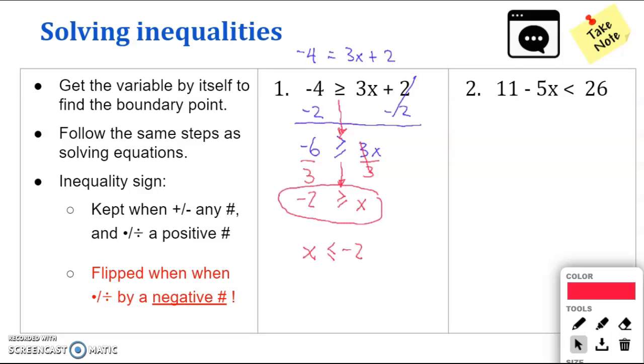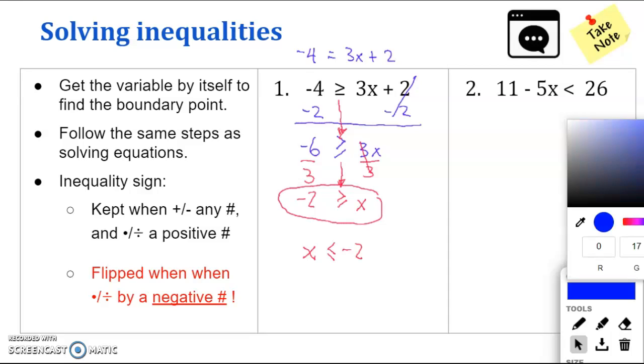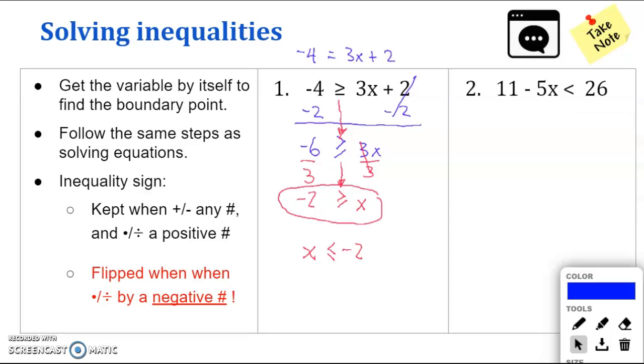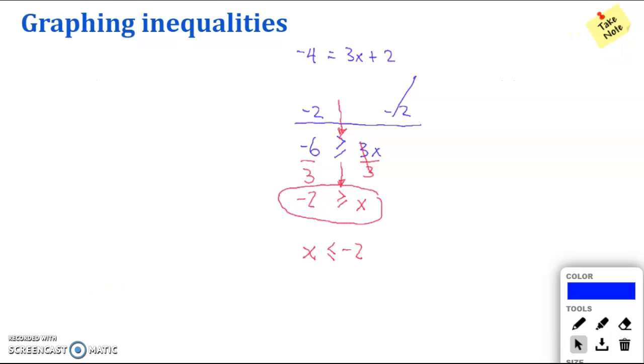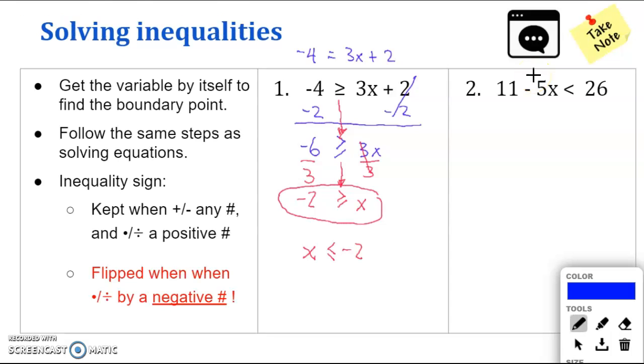Okay, what if I have 11 minus 5x is less than 26? To do this problem, I am going to again consider what I do when I have a problem like 11 minus 5x is equal to 26.